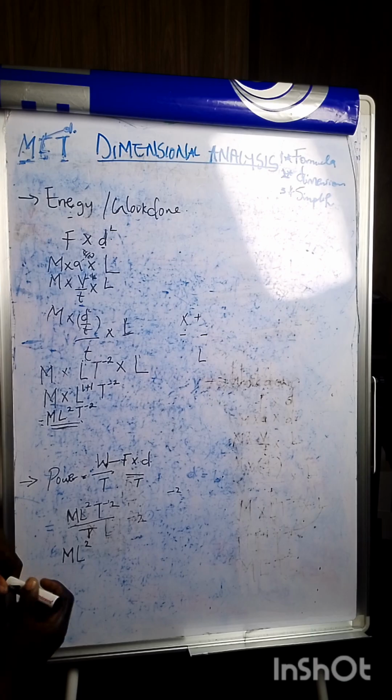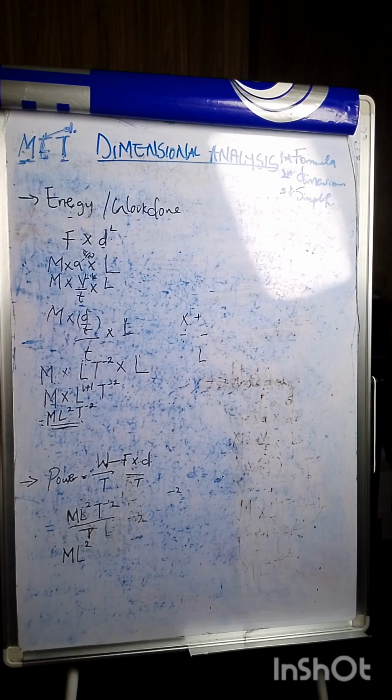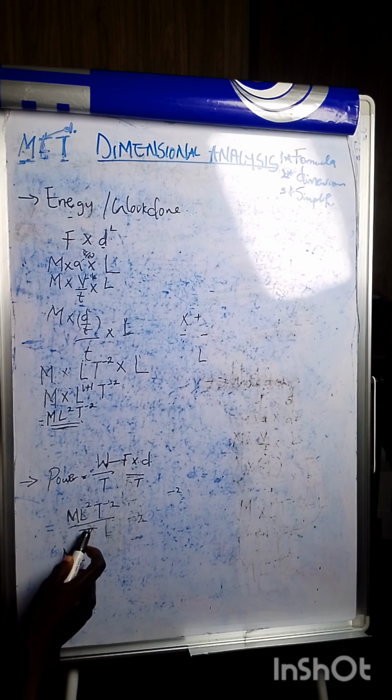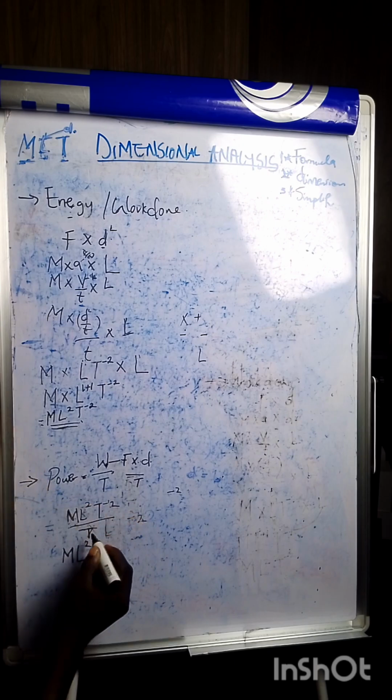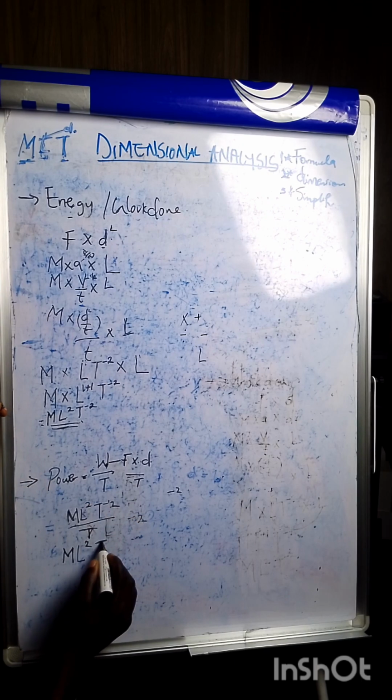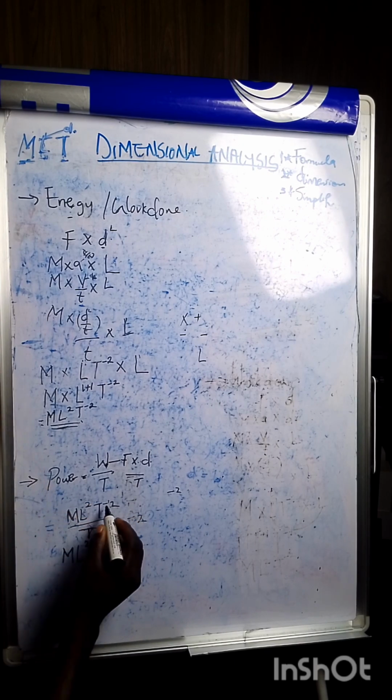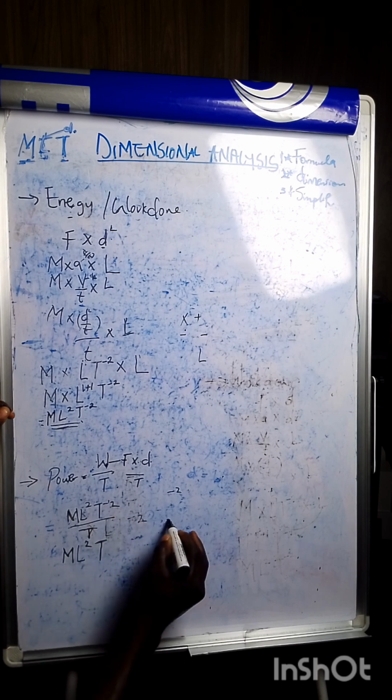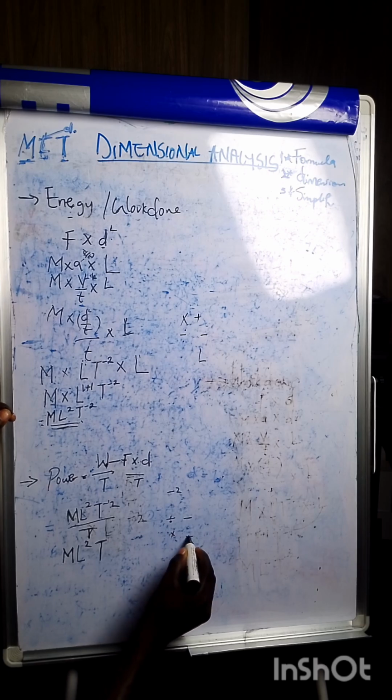We're having two T. What are we going to do? According to the law of indices, since they are the same here, we have to resolve for their powers. So making the T, we'll make that T^1. I told you now, under the law of indices, anything that is divided would always go for minus, and the multiplication would go for plus.